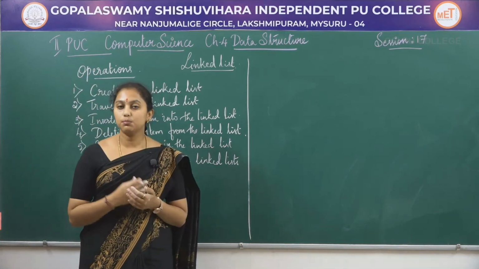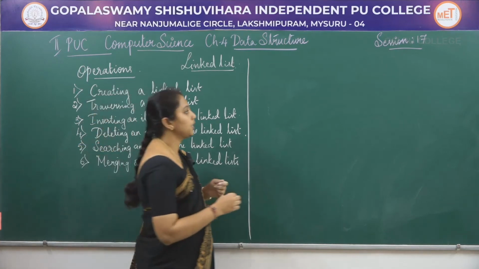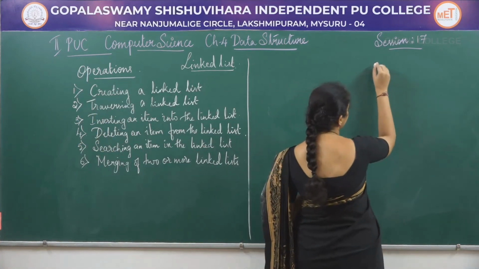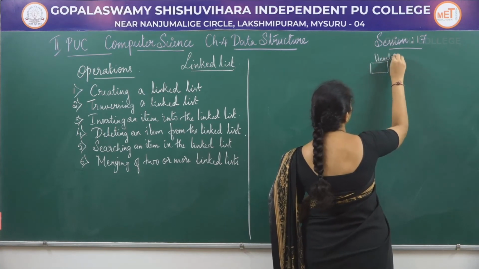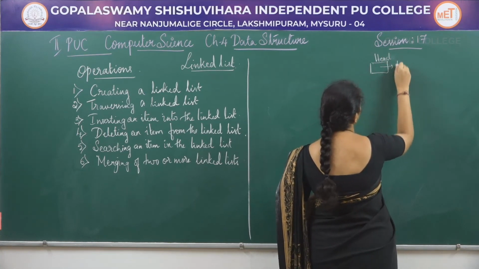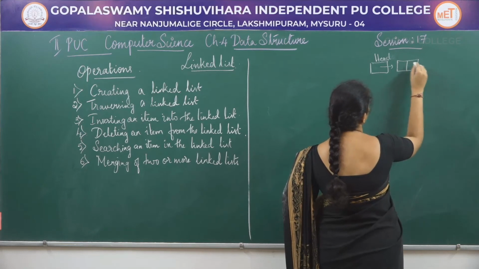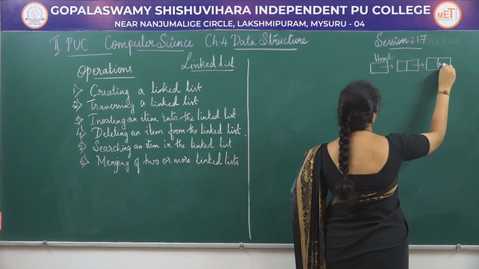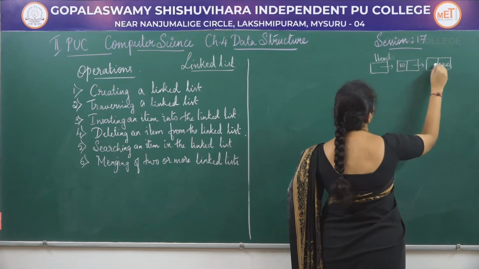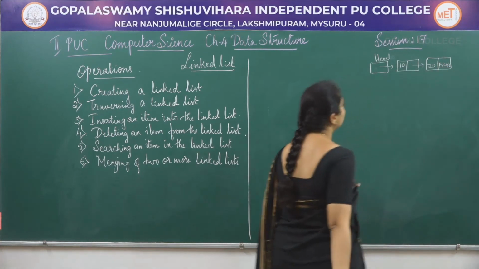To begin with, move to the first node. See, this header contains the address of the first node, and each node contains two parts, that is, the data part as well as the link part.